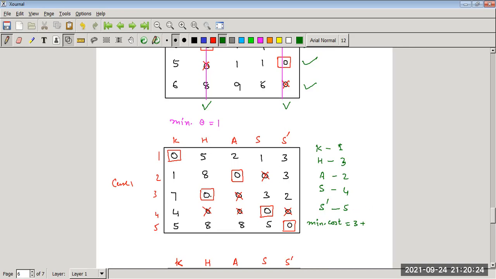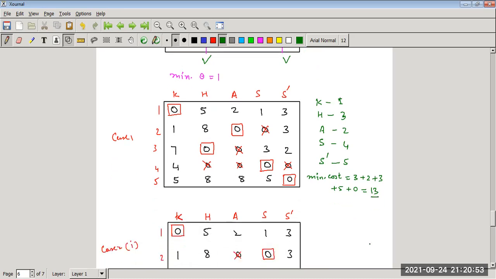Second, Himanshu third job के लिए he gives a choice of 2 rupees, and then Aditi for second he gives 3, and Shivani for fourth job the cost is 5, and dummy for fifth is 0. So we get 5 plus 5, 10 plus 3, 13 rupees for this. So minimum cost is 13.